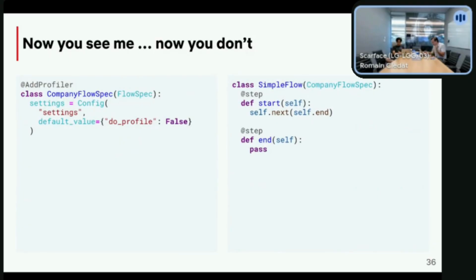Okay, and the last thing I want to show about this is that the reason you would want to do these types of mutators is that you can have a base flow spec. Let's say your company wants to define these things by default, like the profiler or the default project. You can add them all over here, and then you can have your users just inherit from the company's flow spec as opposed to flow spec.